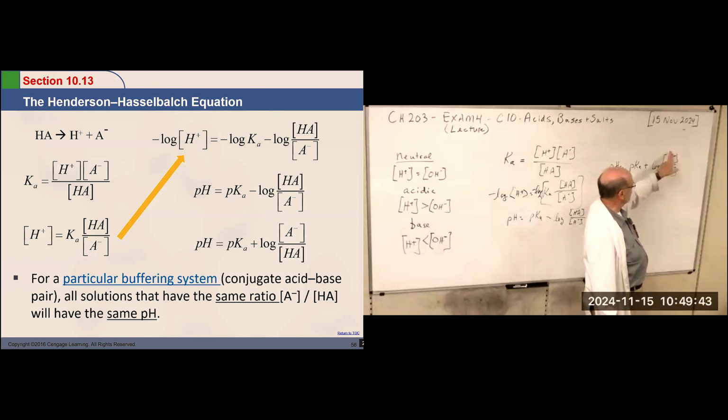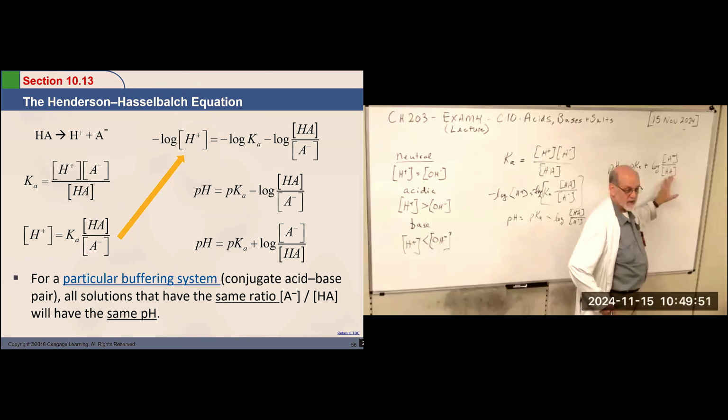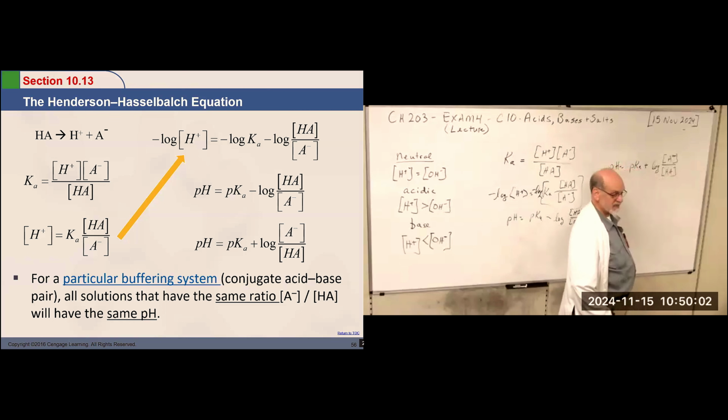So if this is a very low concentration, you get a certain pH. If this is a high concentration, but they're exactly the same ratio, say it's 1:1, if it's 0.1 molar and 0.1 molar, or 1 molar and 1 molar, you're going to get the same pH for both of them.